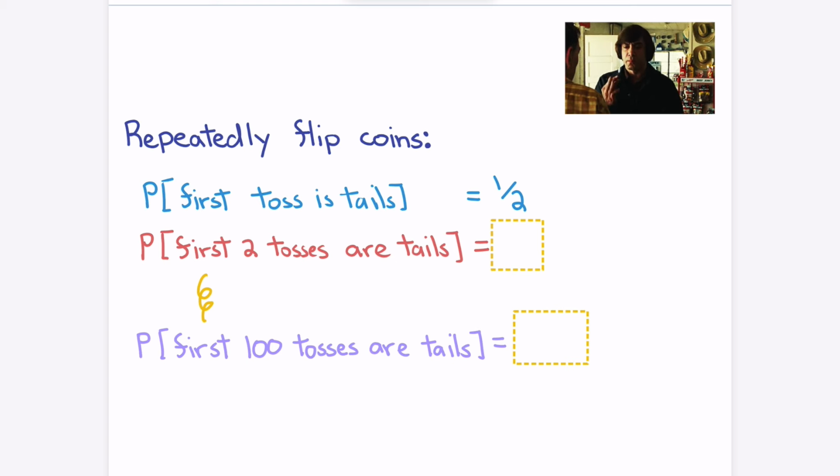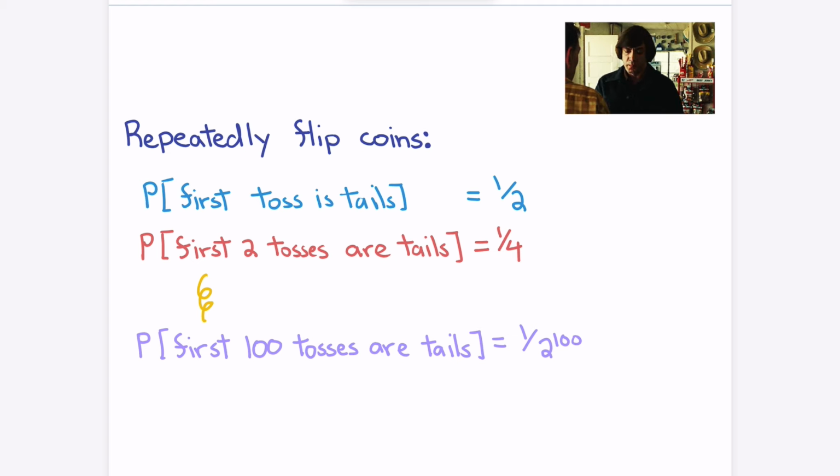So there's some decent chance of this happening. What are the odds that I throw 100 coins in a row and they all come up tails? 1/2 to the 100. That's never going to happen. So probability plummets. 1/2 and 1/4 doesn't seem very big, but you just do it 98 more times and this is effectively zero.